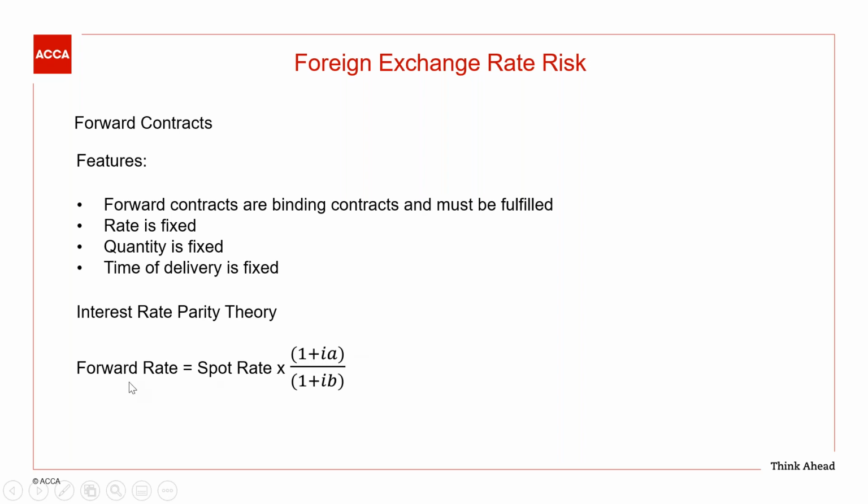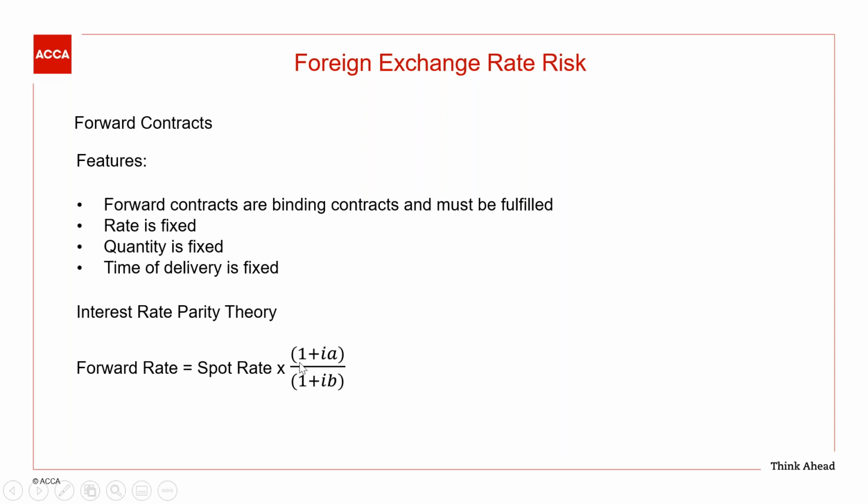So if you want to predict a forward rate, that is, what rate the bank is going to fix today for a transaction that has to take place in the future, the bank has to pick the spot rate, that is the rate prevailing currently in the market.